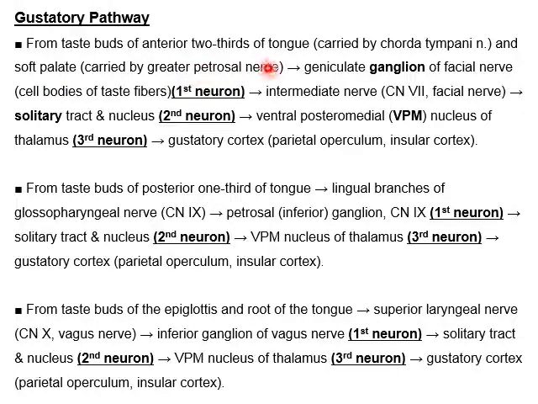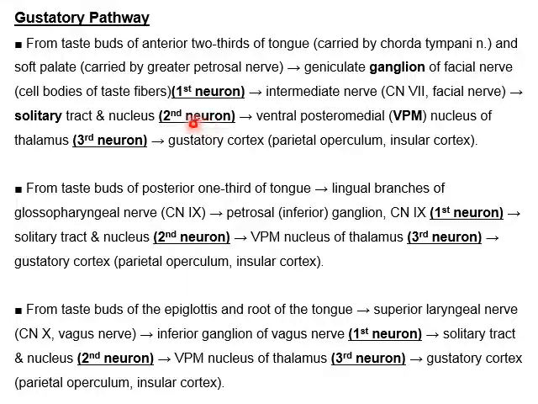Both of them are branches of the facial nerve. They reach the geniculate ganglion of the facial nerve. This is the first order neuron, the cell bodies of taste fibers. From there, it reaches the intermediate nerve, which is a branch of the facial, and reaches the solitary tract and nucleus. This is the second order neuron.